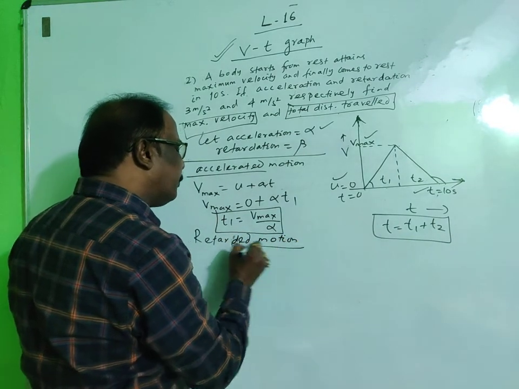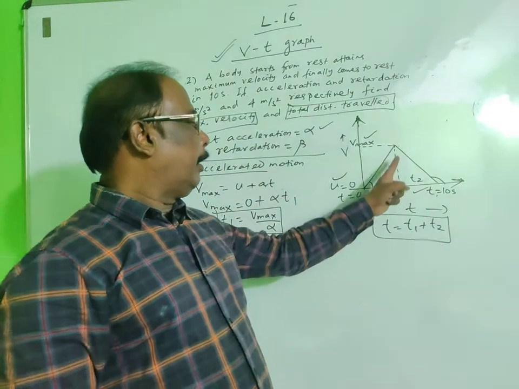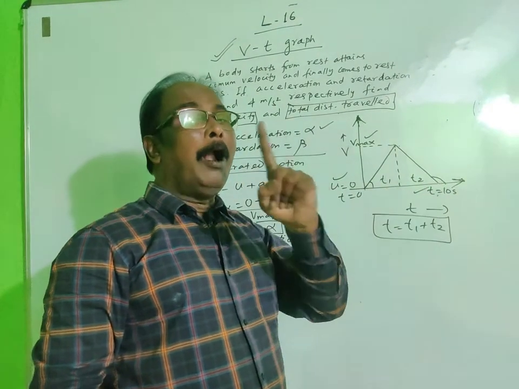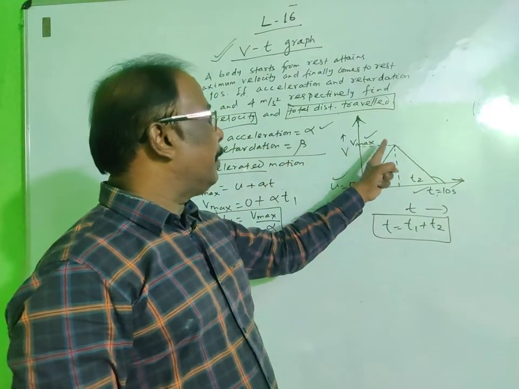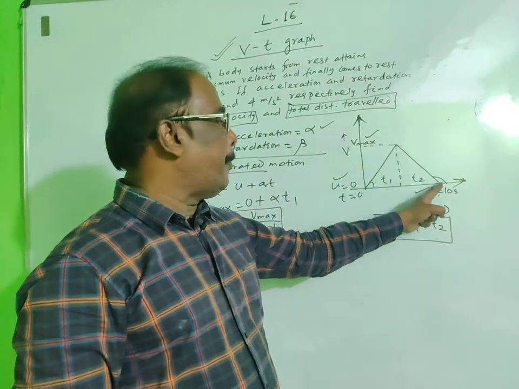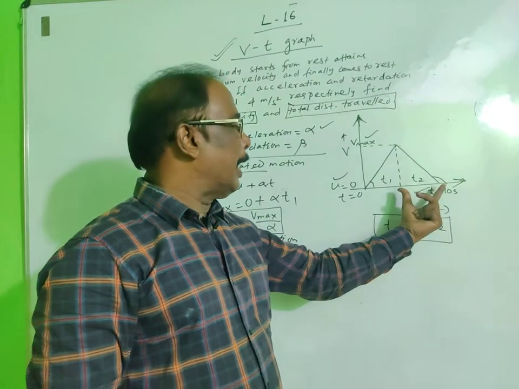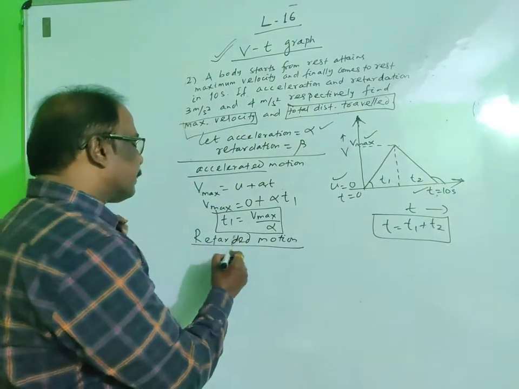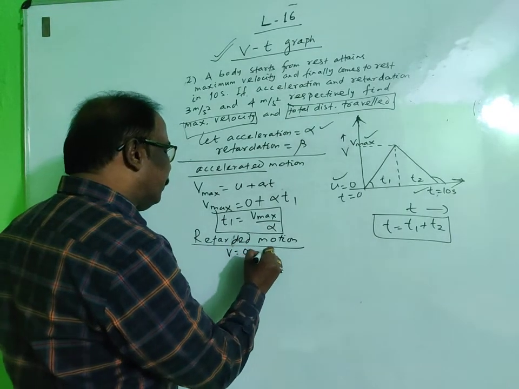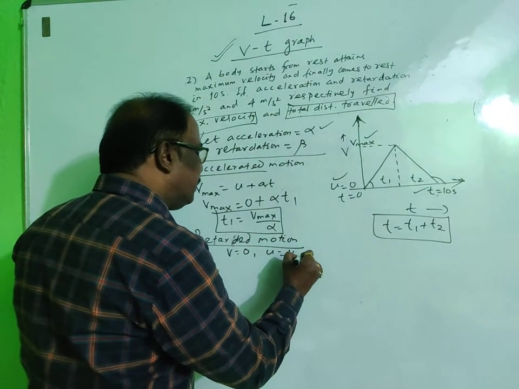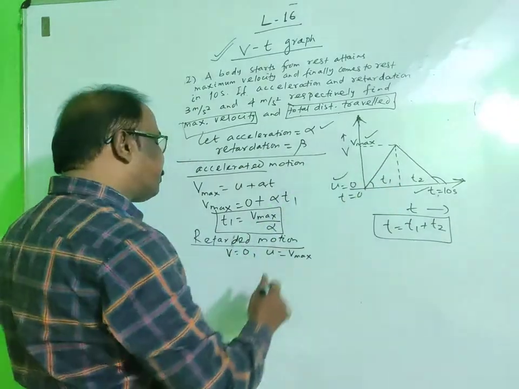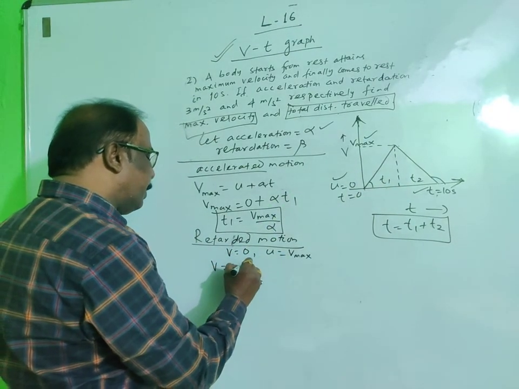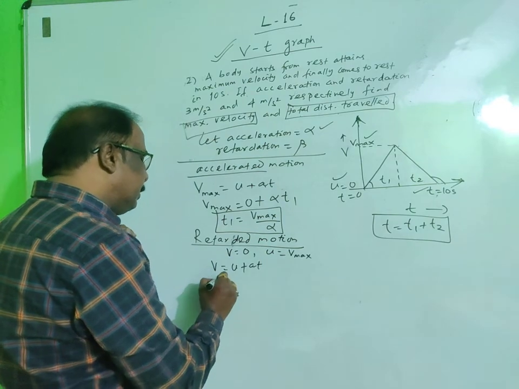for retarded motion, retardation takes place for time t2. The initial velocity is V max and the final velocity is 0. Time taken is t2, retardation is beta. Let's use the same equation, v is equal to u plus at, and v is equal to 0.